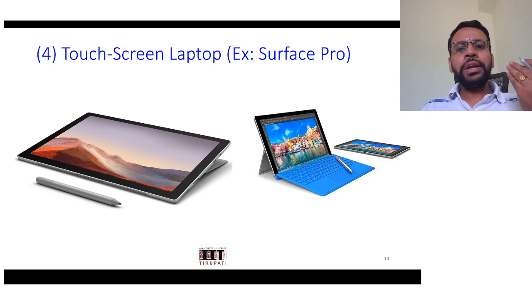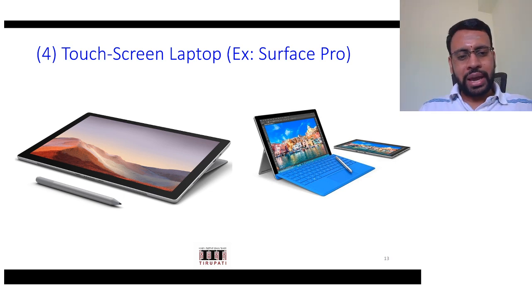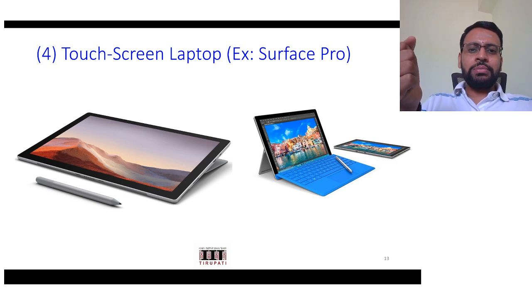Okay, and coming to the last category, I would call them touchscreen laptops. The difference compared to the previous one is they come with an operating system like Windows or Mac, or similar. You could use it as a normal tablet, but it's not a normal tablet, because whatever OS you have in that, for example, Surface Pro comes with Windows.